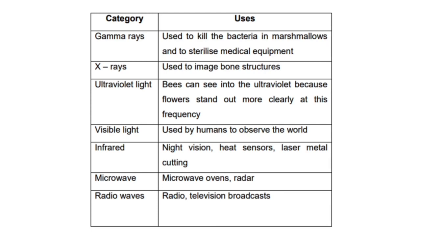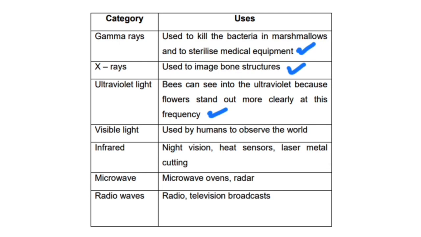Gamma rays are used to sterilize medical equipment. X-rays are used to image bone structures. We all know that, hopefully. And then let's take a look at ultraviolet light. Bees use UV light, short for ultraviolet light, to look for flowers. As you can see, flowers stand out more clearly at this frequency.